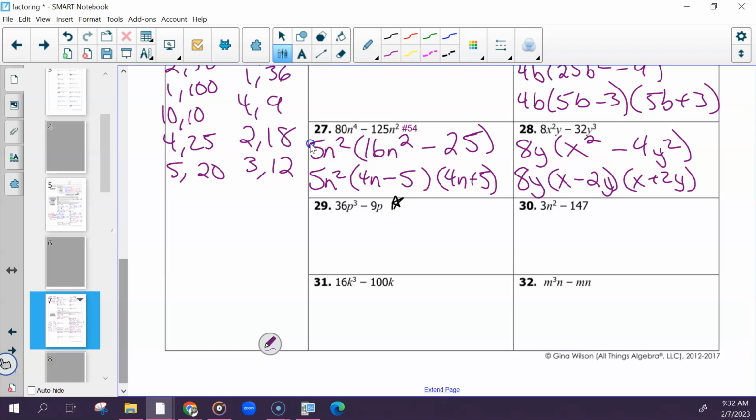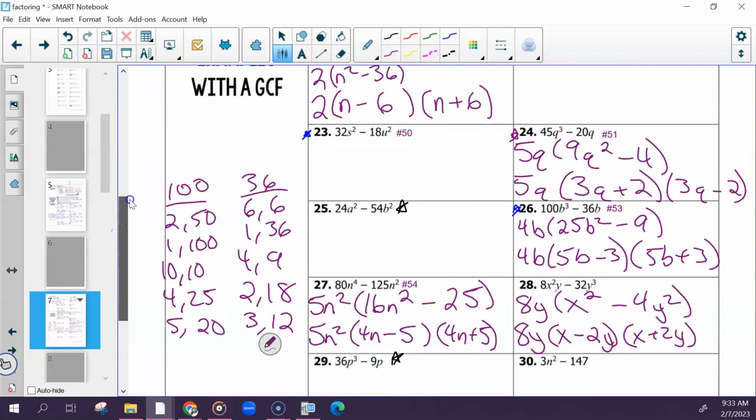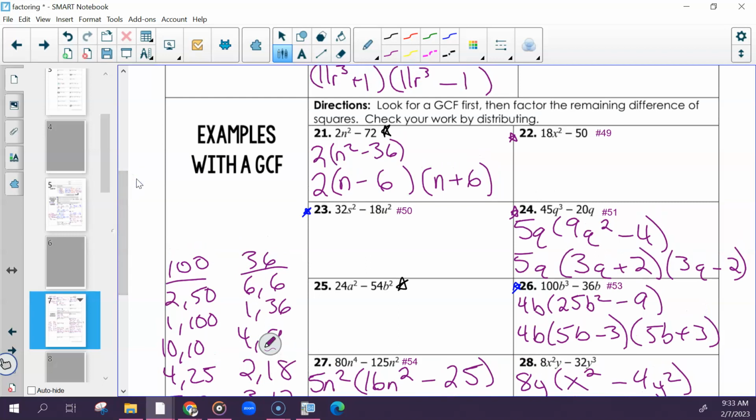Are there any others in that section we want to see, go over, have questions about? Yes. So let's think about factors of 18, factors of 50.